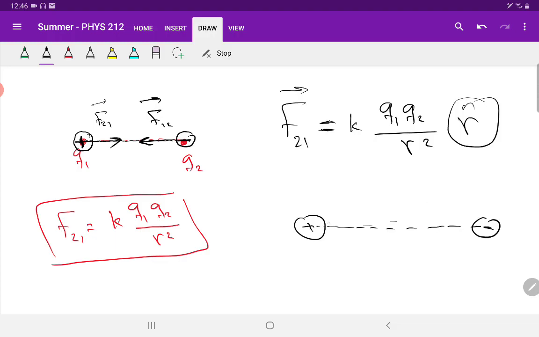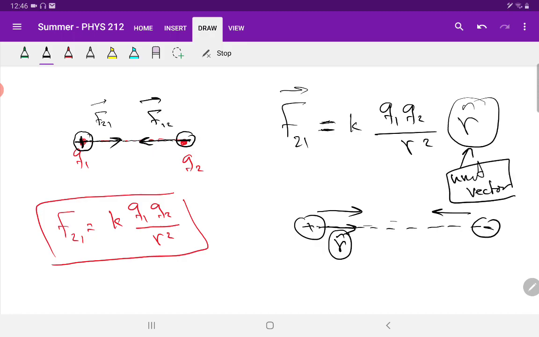Now, as we know, F12 is in this direction, F21 will be in this direction. If I describe, for example, R hat to be this direction, which is the unit vector, what does unit vector mean? It's a vector that has a magnitude of 1 unit. Based on that idea, this vector will be parallel to the line connecting these two.